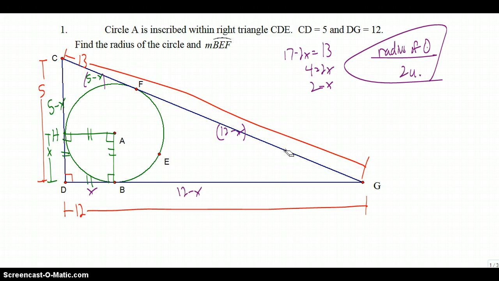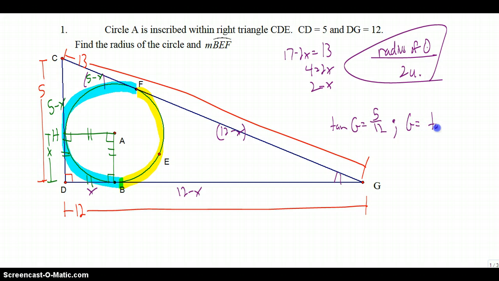That's part of our answer. The other part of the answer is to find the measurement of arc angle BEF. To do that, we're going to have to calculate the measurement of angle G. Using the entire triangle, ignoring the circle, I have a right triangle. So the tangent of angle G is equal to the opposite of 5 divided by the adjacent of 12.